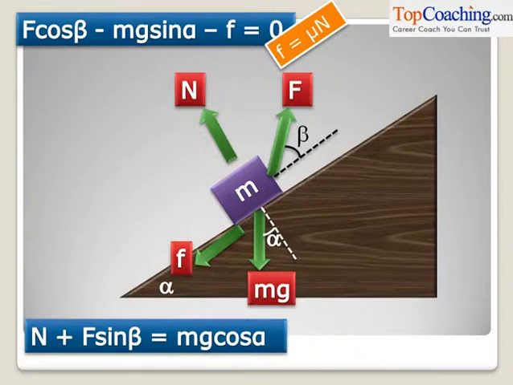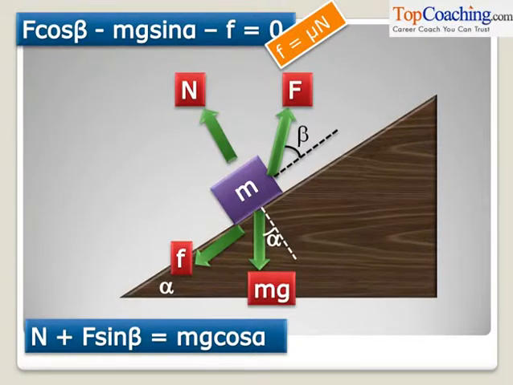By balancing forces, we say that F cos beta minus mg sin alpha minus f equal to 0. Isn't it? After all, parallel to the plane, F cos beta acts, friction force f acts, and mg sin alpha also acts. Now we want the minimum value of force capital F so that the block small m moves. And for this block small m to move, the maximum value of friction force must act.